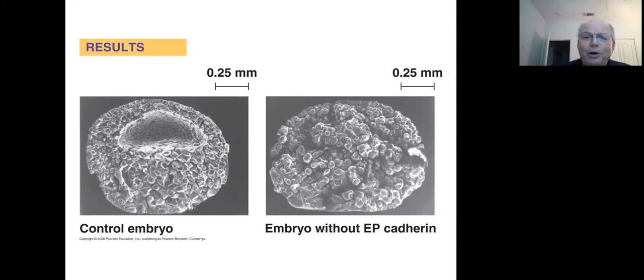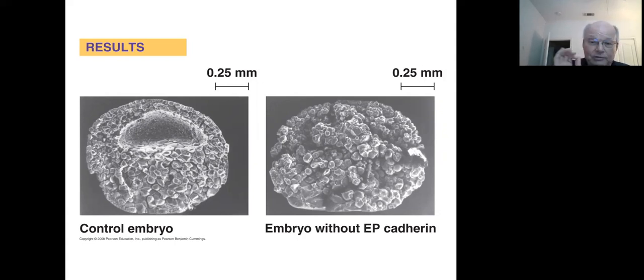But base pairing is the mechanism for blocking the synthesis of EP cadherin, because the messenger RNA binds up this little interfering RNA strand, and that prevents translation. The protein is not produced.